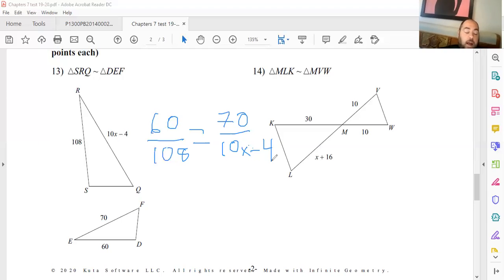Okay, so the 60 divided by 108, let's just do it the easiest way. We're going to cross multiply.